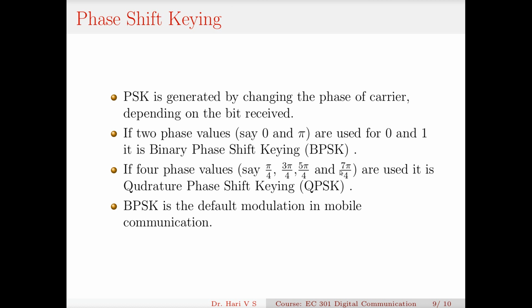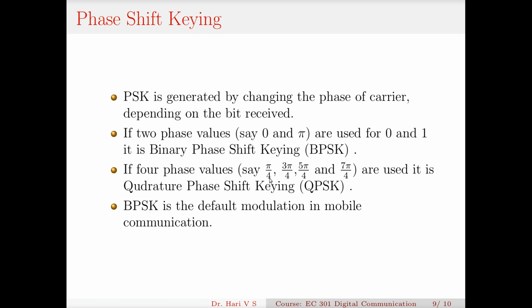Now, to which are these four phases attributed? Here, a 0 phase is attributed to bit 0, and pi phase is attributed to bit 1. Now, there are four phases here. Which are they attributed to? They are attributed to pairs of bits, like suppose I take two bits at a time.